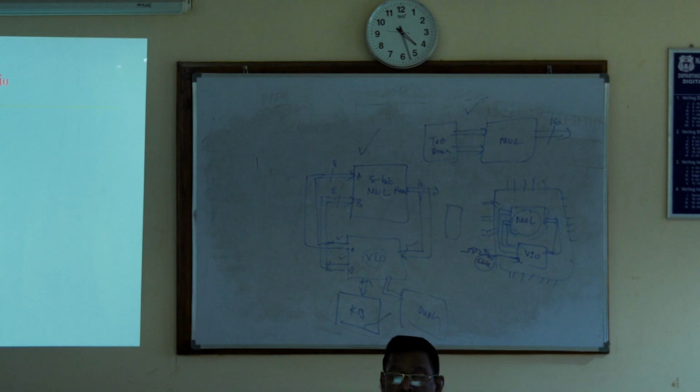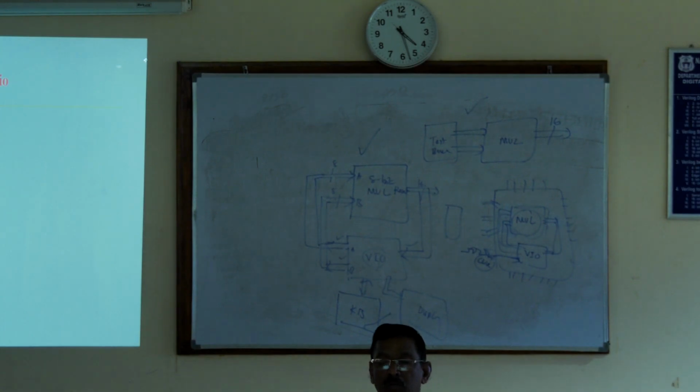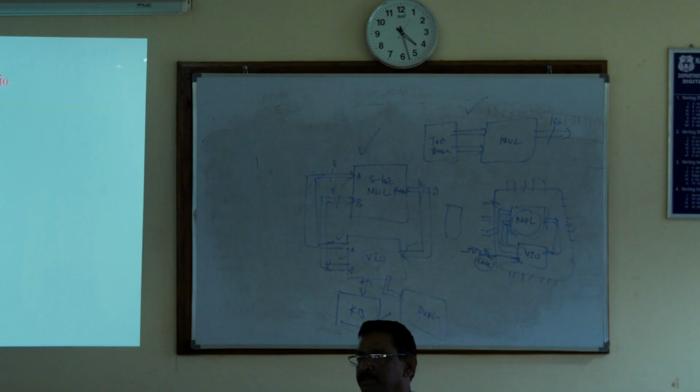So here we are assigning the inputs and outputs. Input outputs will display like this. You just type the input outputs here, then you will get the output. VIO input outputs: VIO input is the output of the multiplier. VIO output is the input to the multiplier.